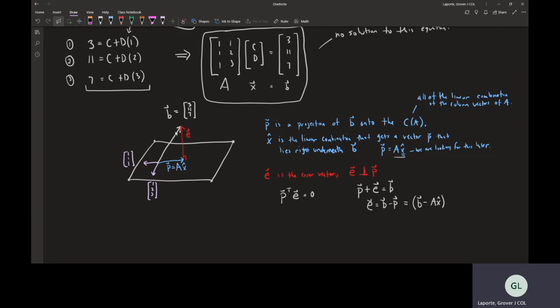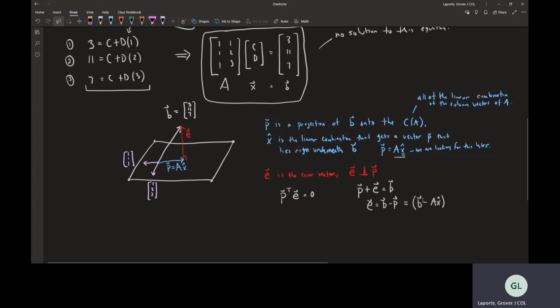All right, so I'll give you a second to check that out. All of this is just algebra that we're doing in this particular piece. We're starting here and we're just subtracting P from both sides to get here, and the E vector is going to be B minus AX hat because P is equal to AX hat.